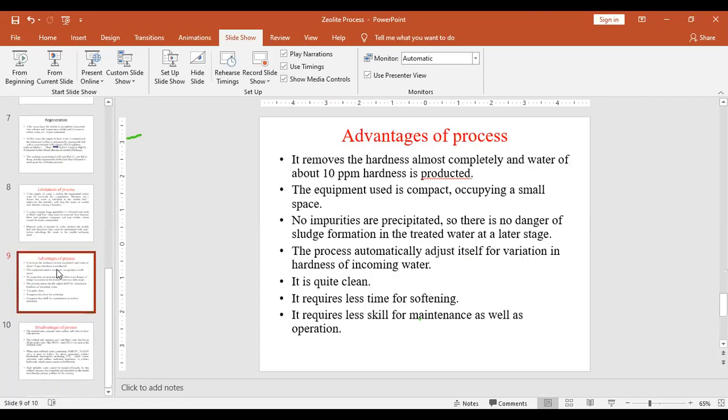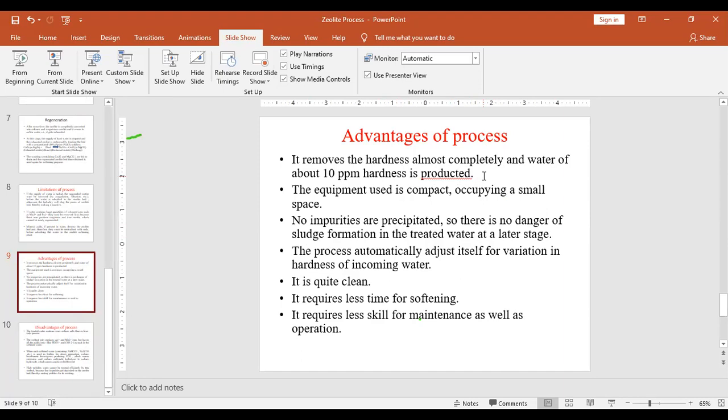Now, what are the advantages of this process? It removes hardness almost completely, and water of about 10 ppm hardness is produced. आपल्याला 70-80 ppm पर्यंत हार्डनेस जरी राहिला तरी चालतो drinking water purpose साठी. But here in the zeolite method, it will be removed up to 10 ppm.